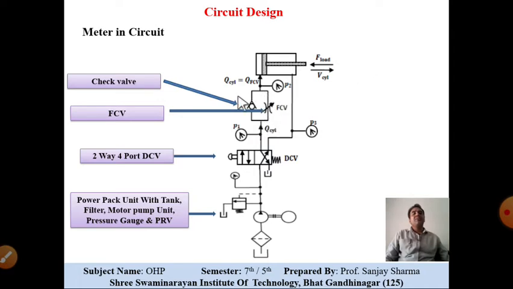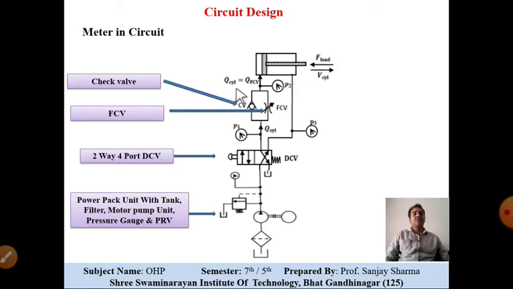So in the meter in circuit, in order to control the flow or speed, a flow control valve along with the check valve is placed. This is only a simple arrangement that we have to keep in mind. The pressure gauges are given, one before the fluid enters the flow control valve, then one after leaving the flow control valve.